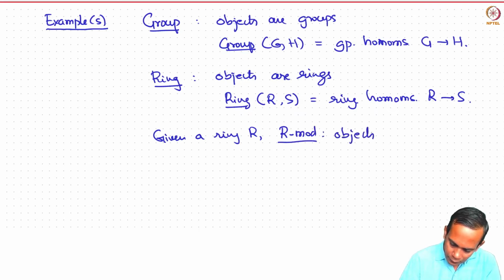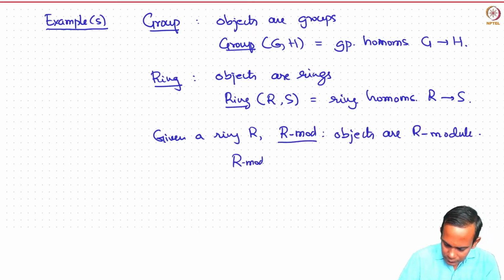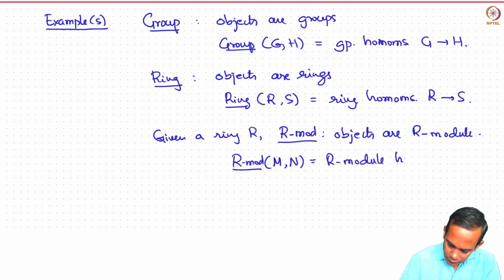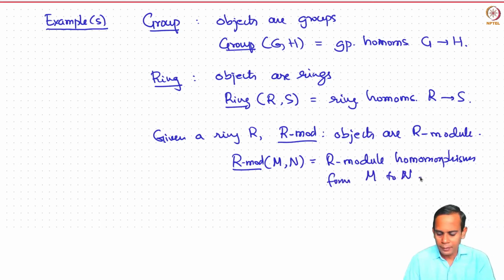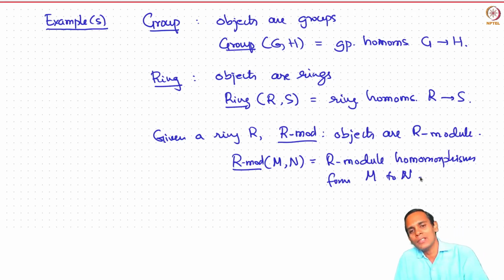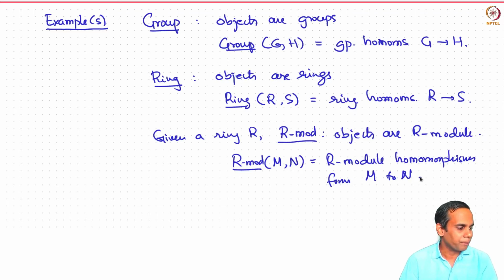Objects are R modules, and morphisms in R mod from M to N are R module homomorphisms from M to N. In all these categories, the arrows are actually functions. The objects are all sets and the arrows are all functions.